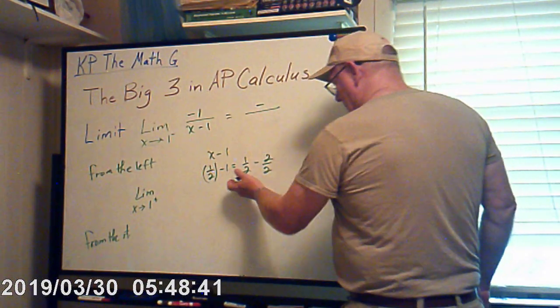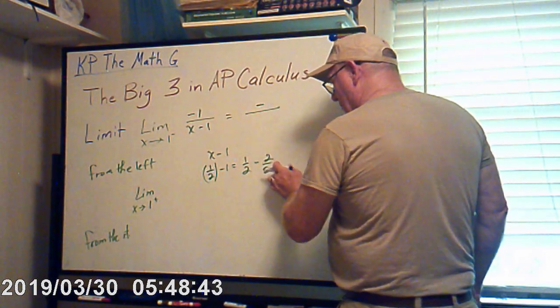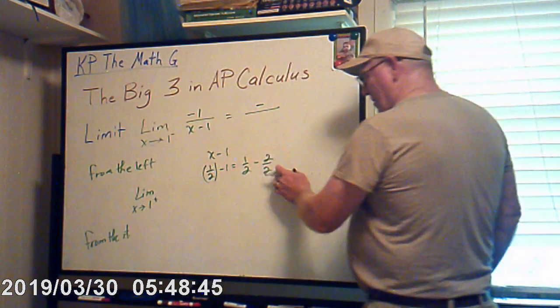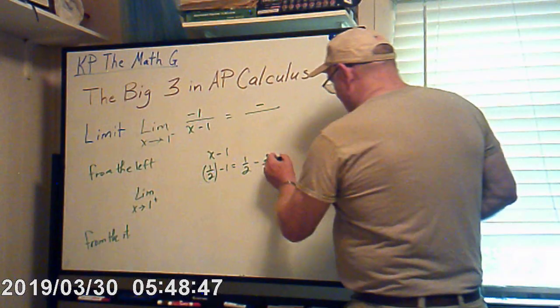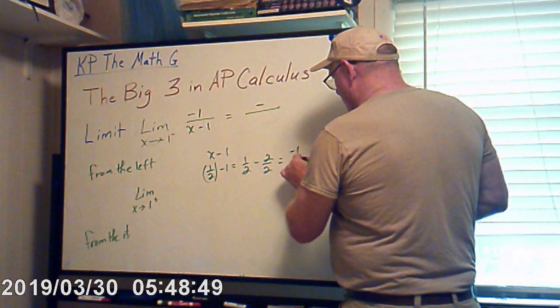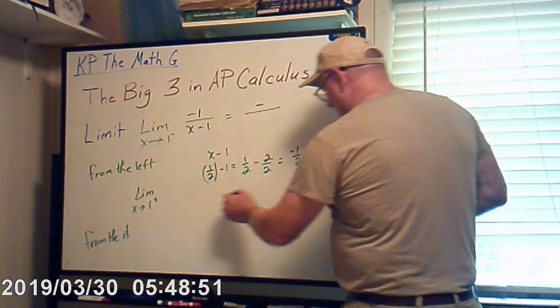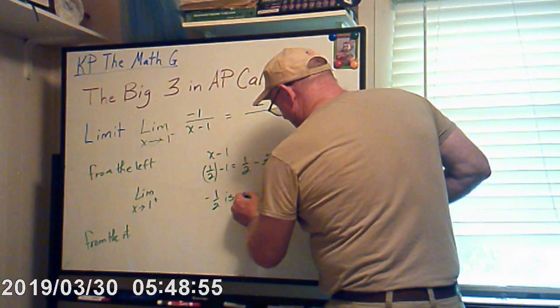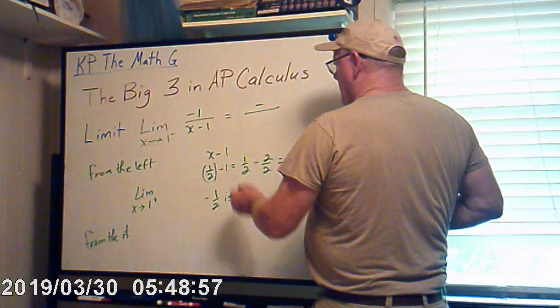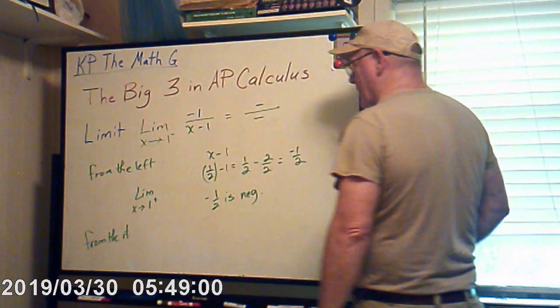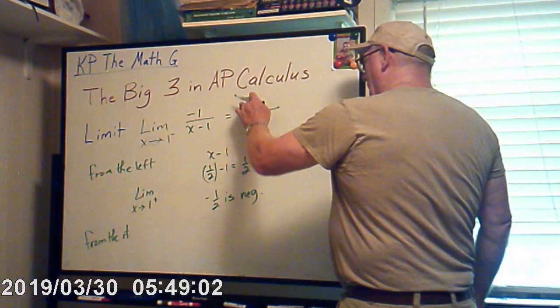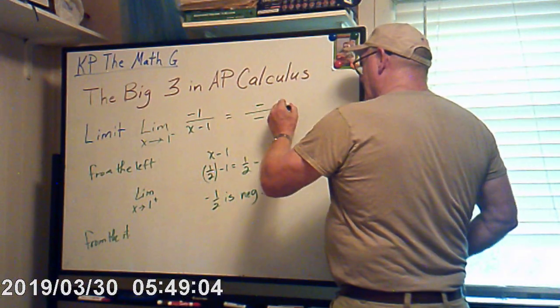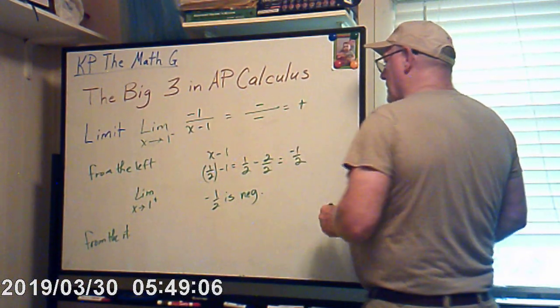So in this case, since we have a 2 as the denominator, this is 2 over 2. Had this been 3, we would have written 3 over 3. This is -1/2, which is negative, isn't it? Obviously. So this limit down here is negative. So a negative divided by a negative is positive.